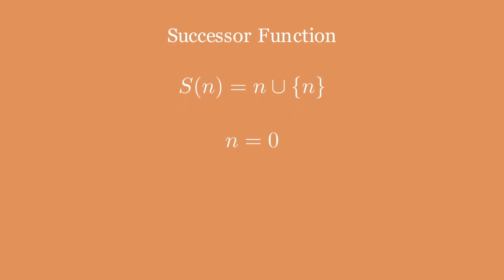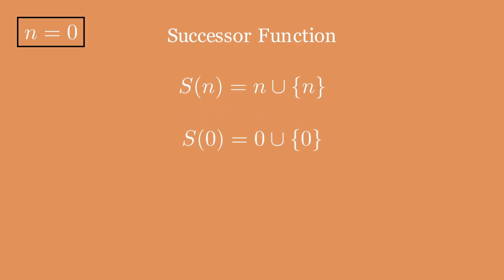The first number that we got to know was 0, so let's take it to be n at first. The successor of 0 is the union between 0, which is the empty set, and the set containing 0, which outputs the number 1 as we have defined it previously. Let's do this for other numbers that we know from before.